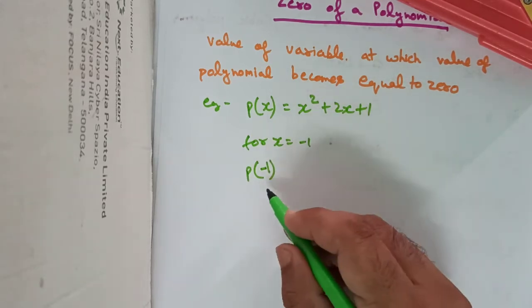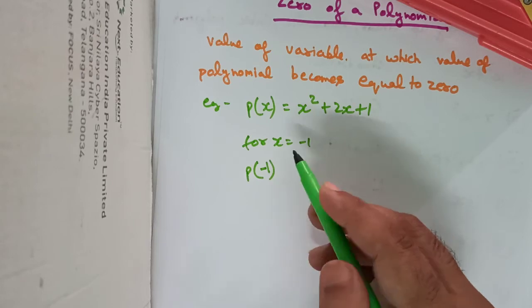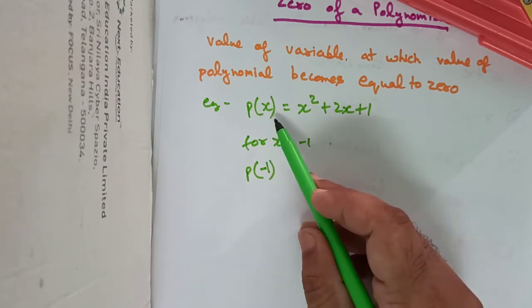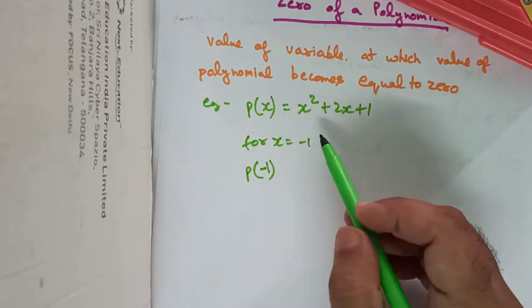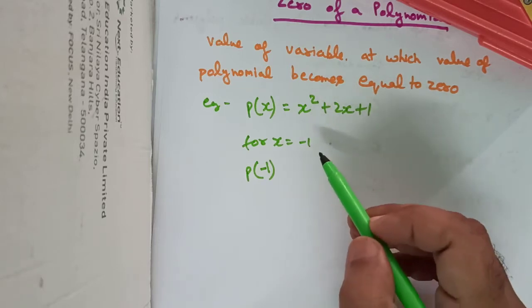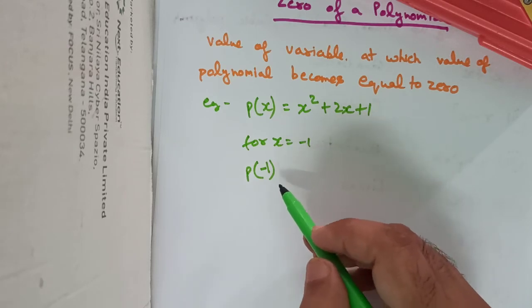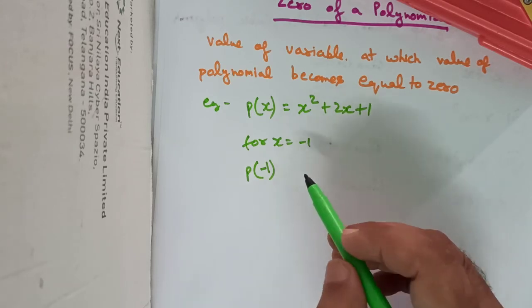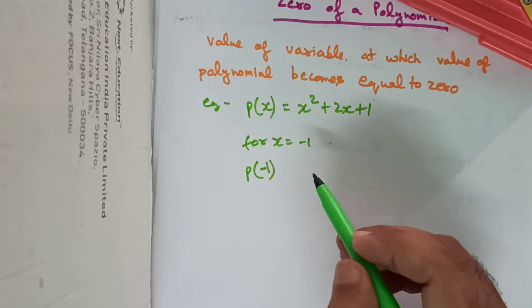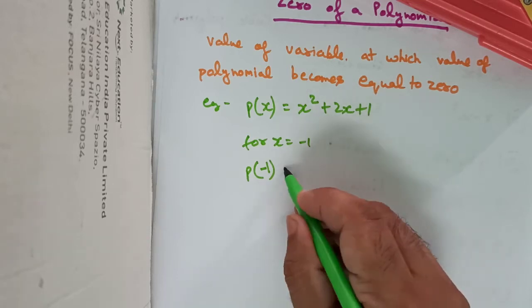It is written as p(-1). Again I am telling, polynomial in variable x, p(x), when the value of the variable x is substituted as minus 1, we will say that polynomial as p(-1). That is the polynomial of variable x at x equals minus 1.